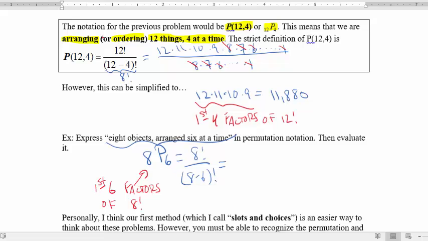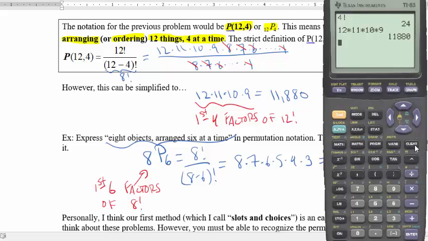And the first 6 factors of 8 factorial would be 8 times 7 times 6 times 5 times 4 times 3, because the 2 and the 1 would cancel out down here, because the denominator would have been 2 factorial. So you would have just had 8 times 7 times 6 times 5 times 4 times 3.